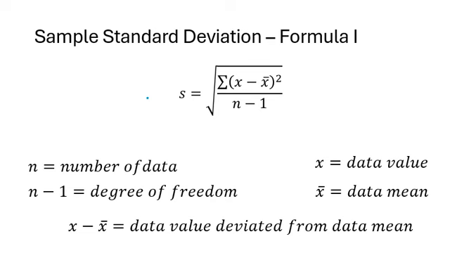Of course, in the lab you're going to use Excel. You don't really need to calculate this by hand. Everything is an automatic calculation since we're using Excel for data analysis, and it makes things very easy for you.